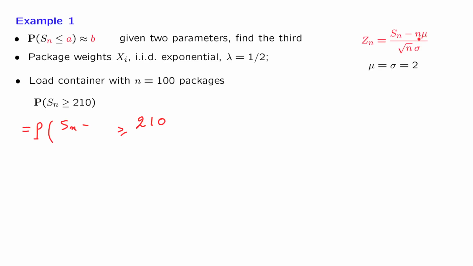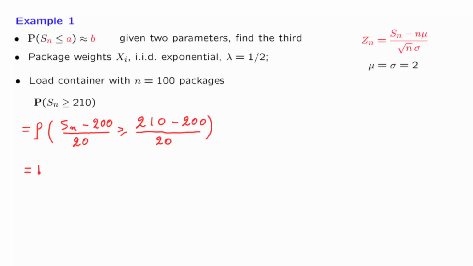In this case, n is 100, mu is 2, so we subtract 200. Divide by this quantity, square root of 100 is 10 times sigma, this gives us 20. And we do the same on the other side of the inequality. This is just an equivalent representation of the original event.